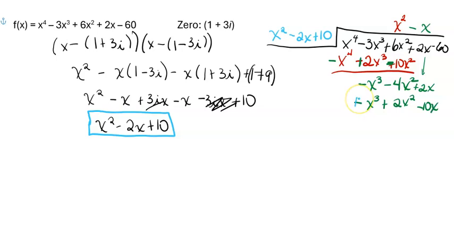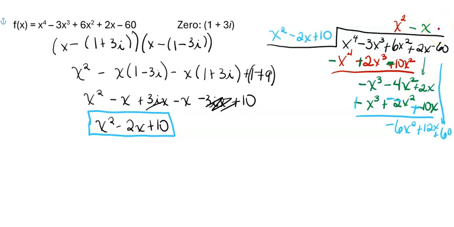I'm subtracting, so once again I'm going to change my signs. Make that a plus. Draw my line. When I subtract, negative x to the third plus x to the third gives me 0. Negative 4x squared minus 2x squared gives me negative 6x squared. And then 2x plus 10x gives me 12x. I bring down the 60, so plus 60 right there.